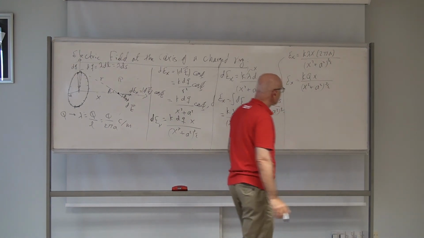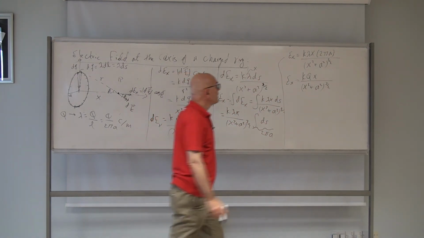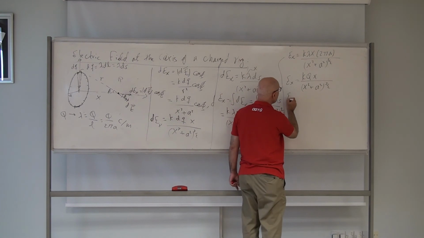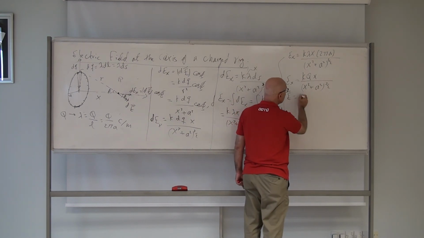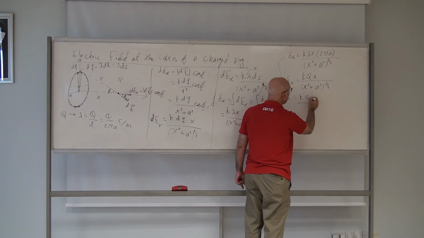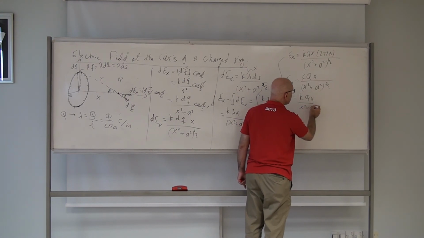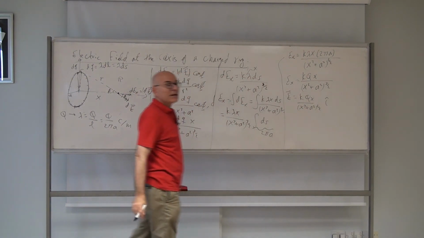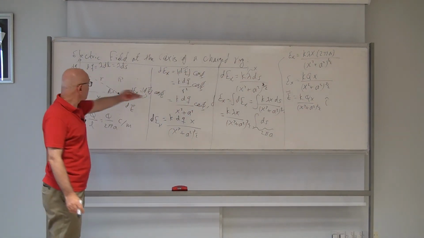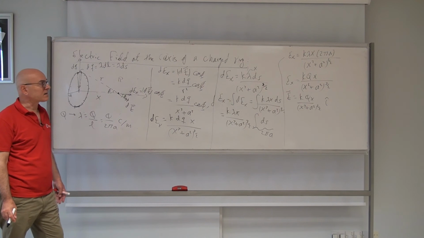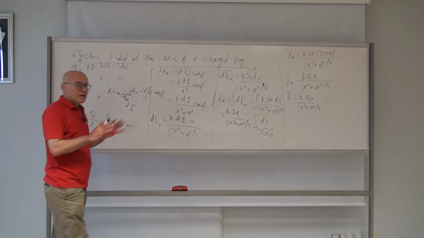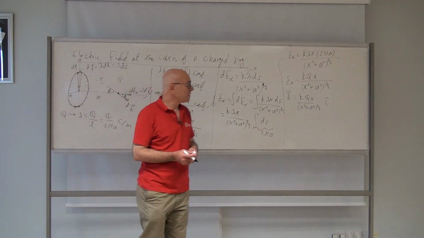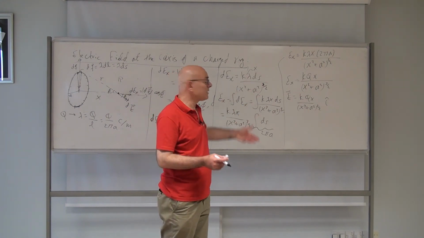So this is your x component, and your E in this case will be just kqx over x square plus a square to the power 3 over 2 i hat. This is your electric field vector because it is directed along the positive x direction. So this is how you analyze the problem and come up with a solution.